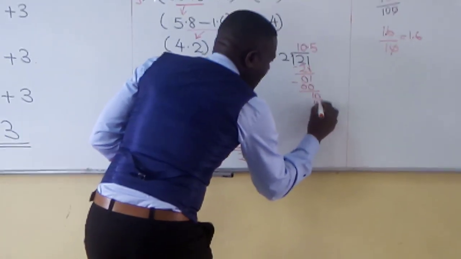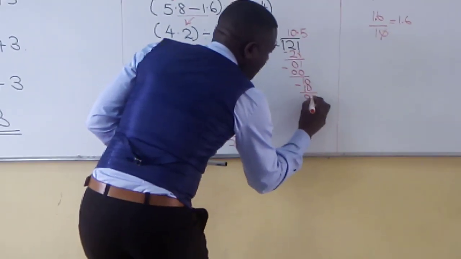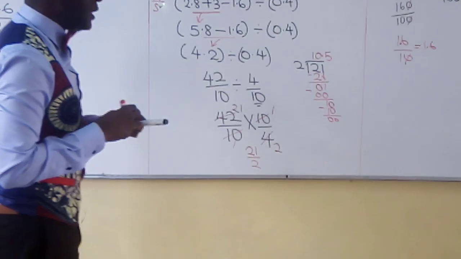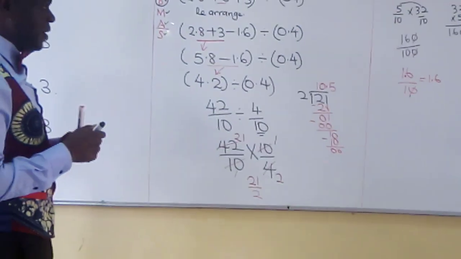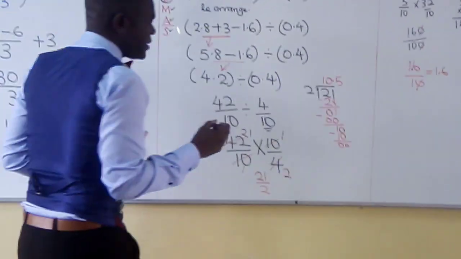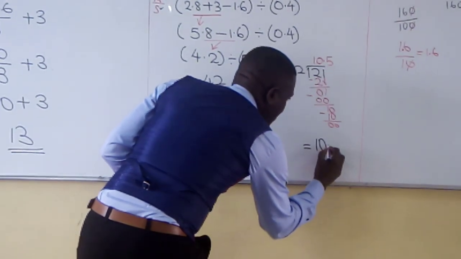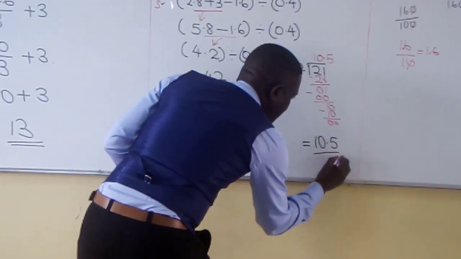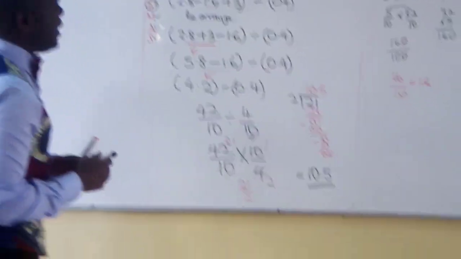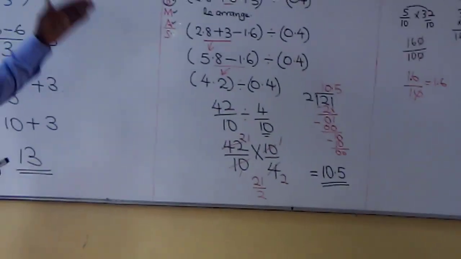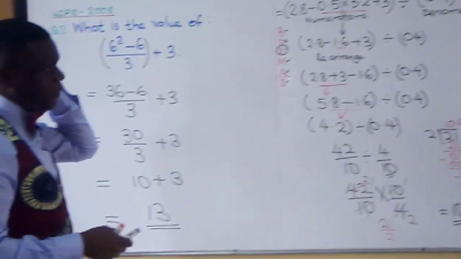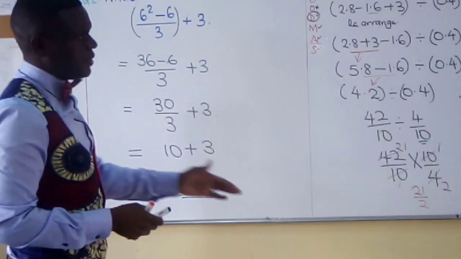Because of 10, our division is complete, boys and girls. Be very careful when you're dividing. So the answer would be 10.5. That is how it is supposed to be worked out.